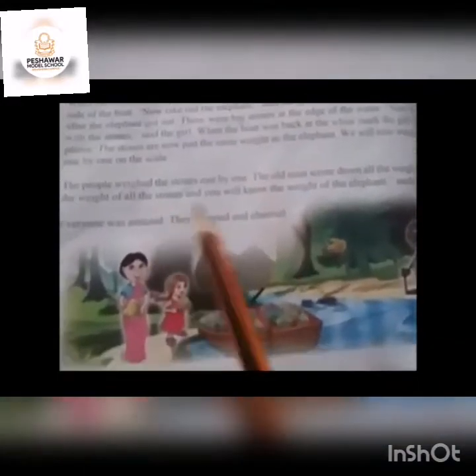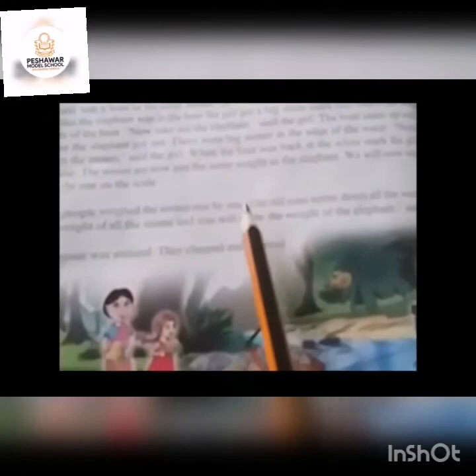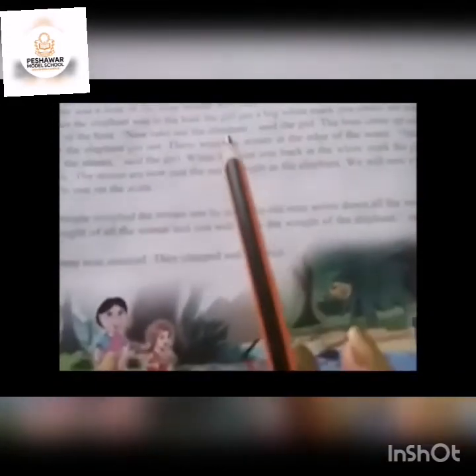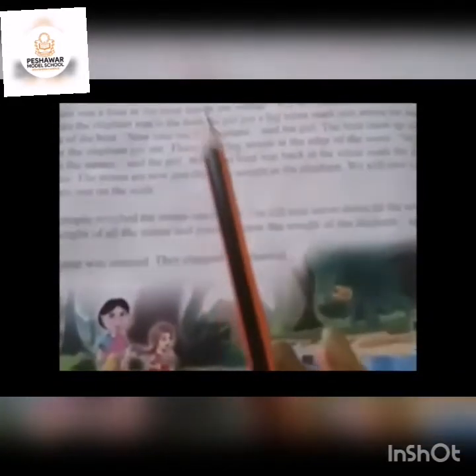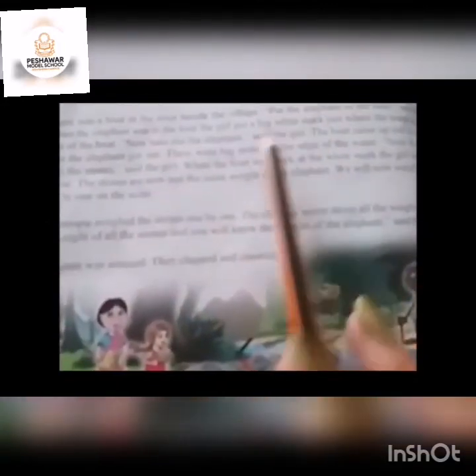Everyone was amazed. They clapped and cheered, and they were happy that such a little girl gave them a good idea, and happy that they listened to her. In this way the villagers came to know about an elephant, a huge animal, and its weight. So this was in the chapter.